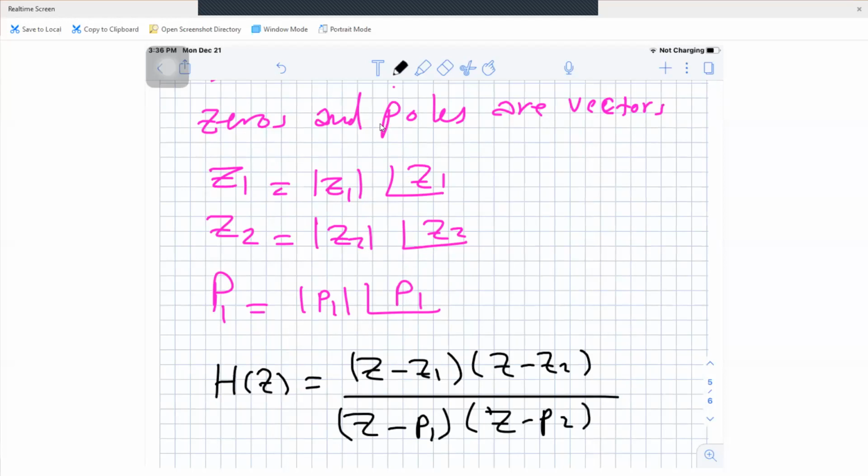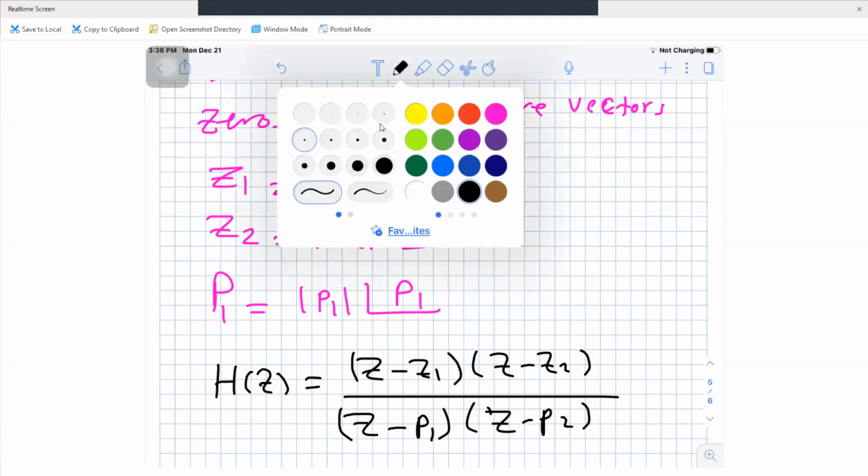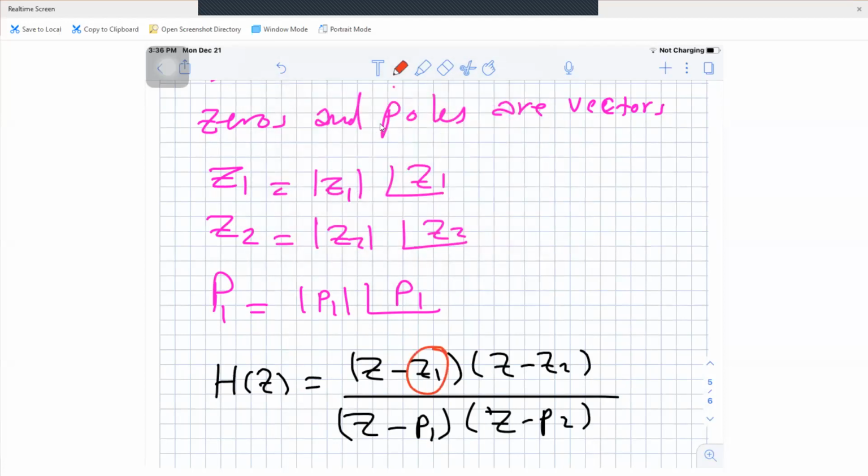By now, I think you have become familiar with the topic. The missing parameters in this H of Z are Z1, Z2, P1, and P2, so you have to use techniques to determine these values.